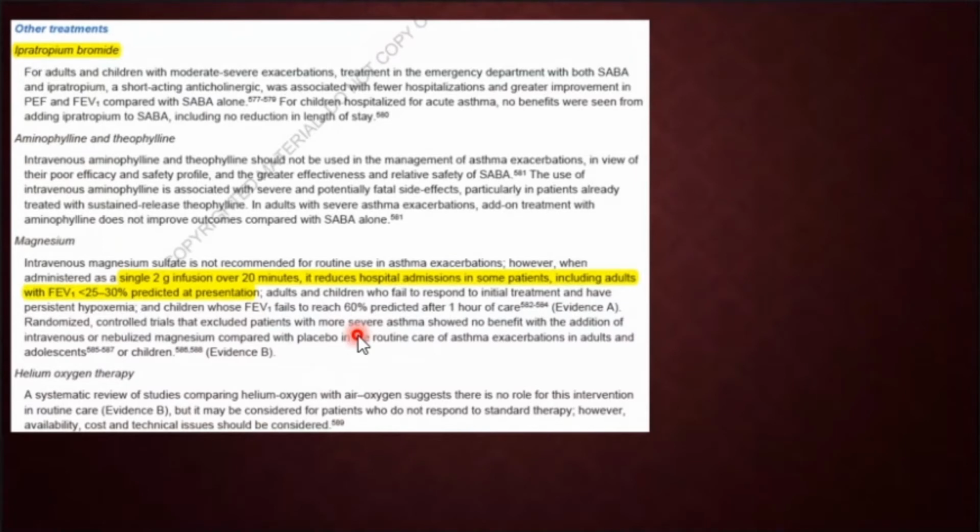Basically, it just makes the gas a bit heavier to ensure that the gas flows in a laminar fashion, because if it is turbulent, it gets dispersed. So in the smaller airways, a laminar flow will enable the gas to reach up to the alveoli and therefore improve oxygenation. But again, helium oxygen therapy, number one, it is expensive, and not many centers have heliox, so it is not routinely recommended as a first-line therapy.